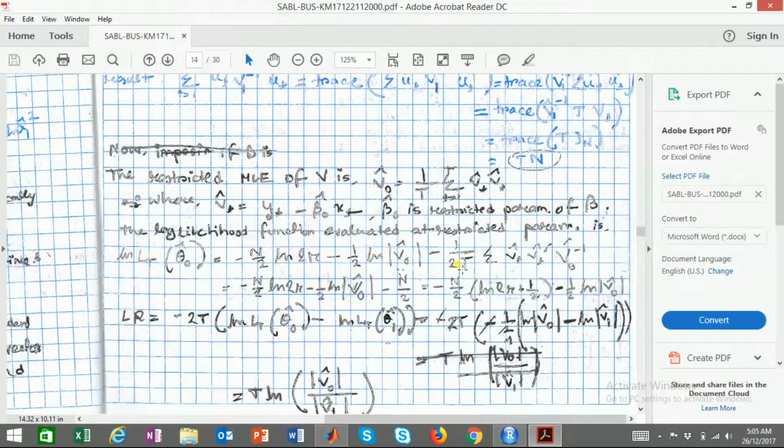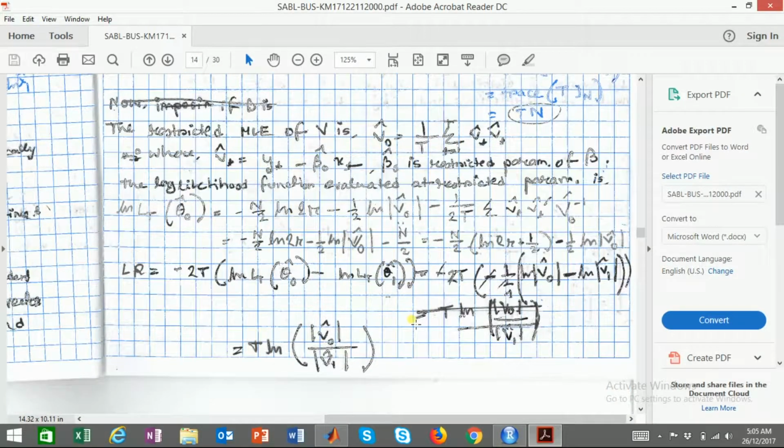And we have also considered this before: minus 2t. The likelihood ratio test is minus 2t multiplied by the difference between the restricted log likelihood function and the unrestricted log likelihood function. Simply, because in both cases we have v0 and v1, the determinants of the covariance matrices, for the unrestricted maximum likelihood estimator it is v0 hat divided by restricted v1 hat.